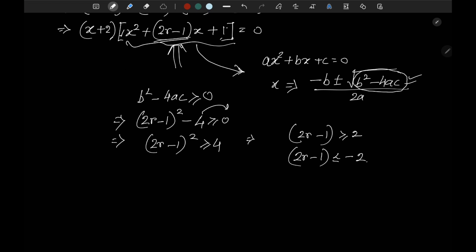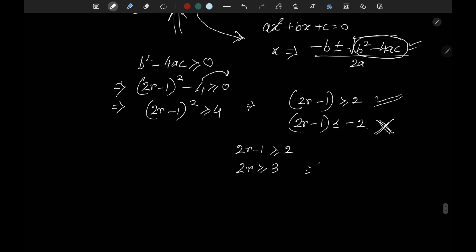Okay, now they have mentioned the minimum possible non-negative integer value of r. So we are not concerned with this part of the inequality. We will take this part and we will have what? 2r minus 1 is greater than or equal to 2, or 2r is greater than or equal to 3, or your r will be greater than or equal to 1.5.